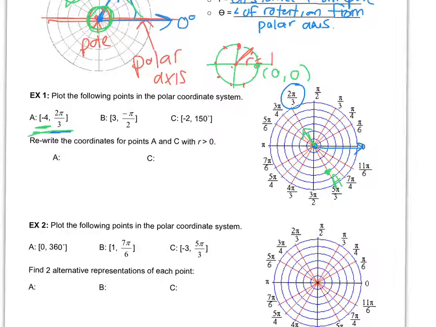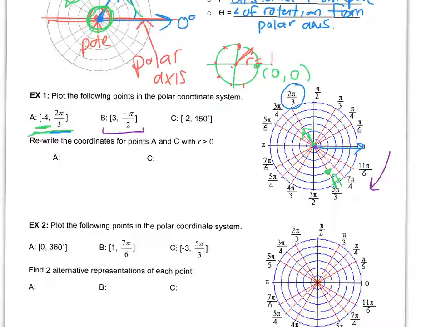Okay, so now let's plot one with a positive radius, but with a negative value of theta. Just like you already understand negative rotations, negative pi halves would be the opposite direction of positive pi halves. So that negative rotation means that if we're facing the 0 degree direction, we're just going to turn towards the right in the negative direction.